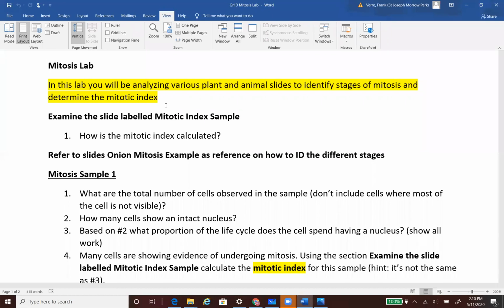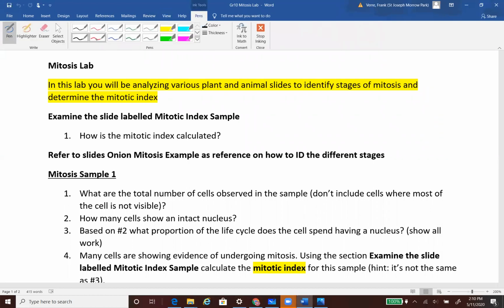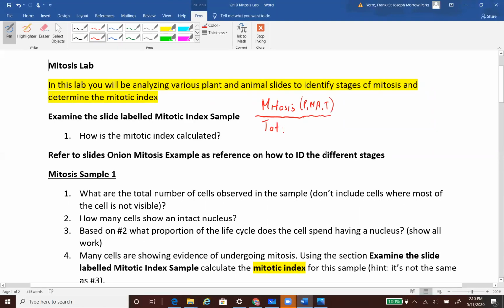What you do to calculate something called a mitotic index is simply calculate the number of cells that are dividing or that are in mitosis. So that means the 4 stages: prophase, metaphase, anaphase, and telophase, okay, over the total number of cells.